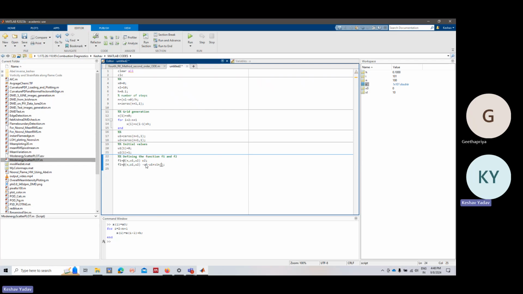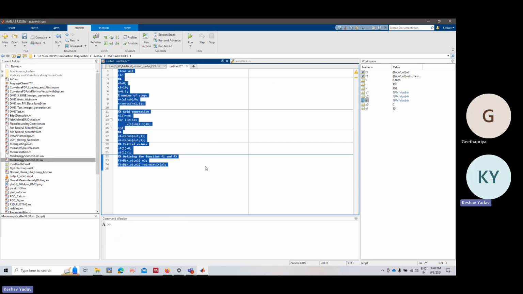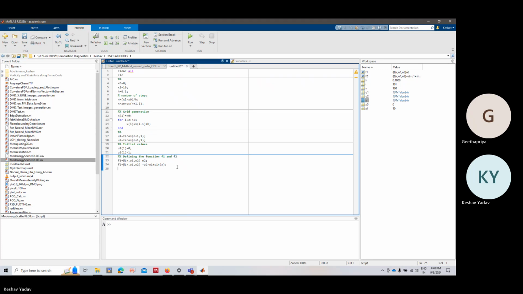This is my F2. Let me run that to check whether everything is working well. So this F1 and F2 have been created. Now what we'll do, we'll apply the fourth order Runge-Kutta method.